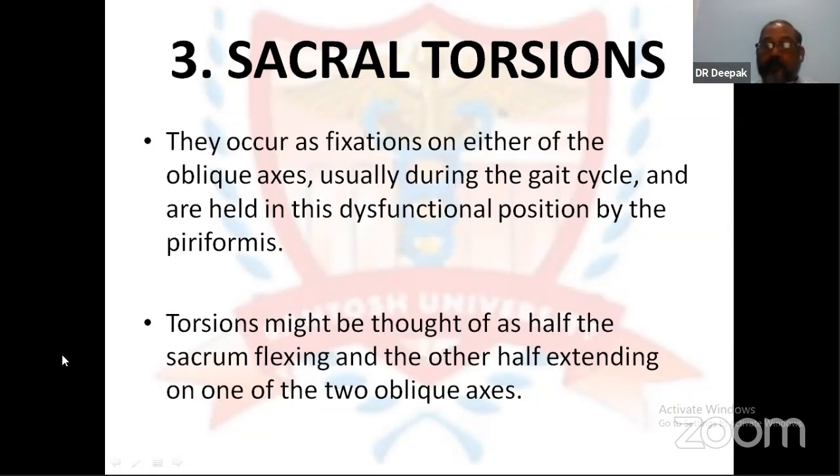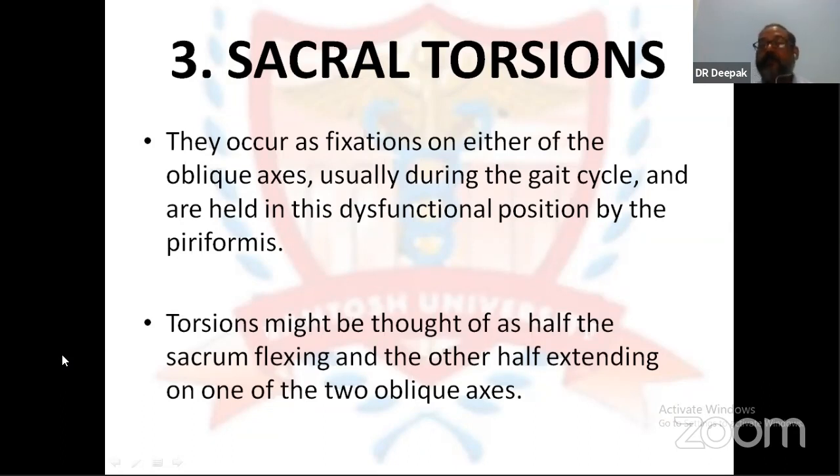So how does this dysfunction occur? The culprit in that oblique dysfunction is the piriformis muscle. If the piriformis is involved and not working properly, then these oblique dysfunctions occur. So torsion might be thought of as half of the sacrum flexing and the other half of the sacrum extending in one of the two oblique axes.